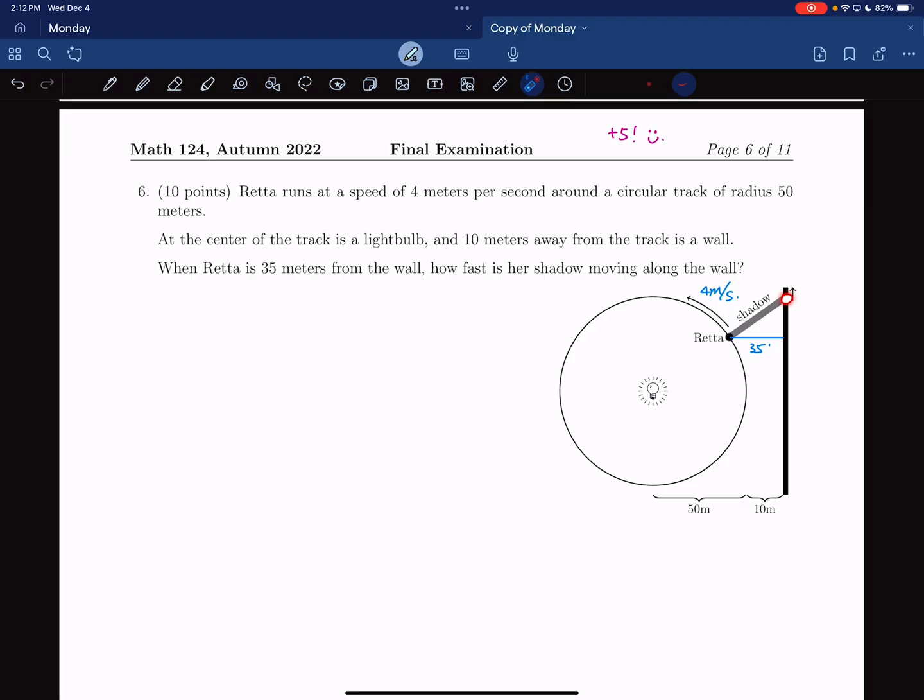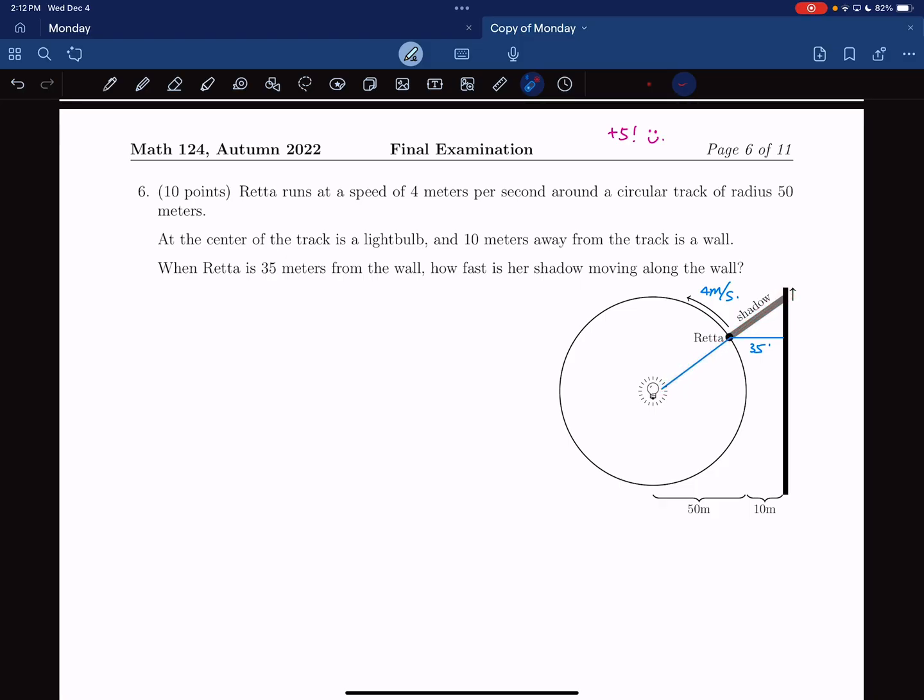So let's understand the situation a little bit more by drawing some more lines. How is this shadow formed? There's a light bulb here, and it's shining onto Retta to cast a shadow on the wall. The light bulb is here. It's shining this way to Retta, and it's going to cast a shadow on the wall here.